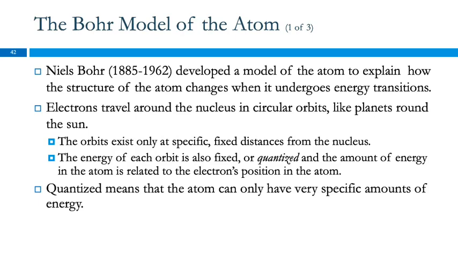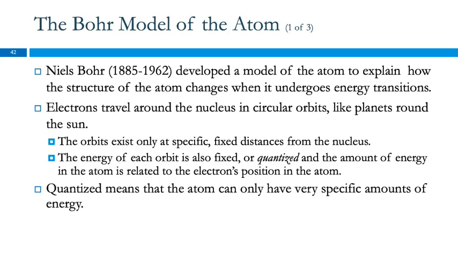So Bohr, Niels Bohr, the guy whose quote was at the beginning of the chapter, developed a model of the atom to explain how the structure of the atom changes when it absorbs energy. His model is that the atom is like the solar system. We have electrons traveling around the nucleus in circular orbits. So the nucleus is like the sun, and the electrons are like planets orbiting the sun, right?